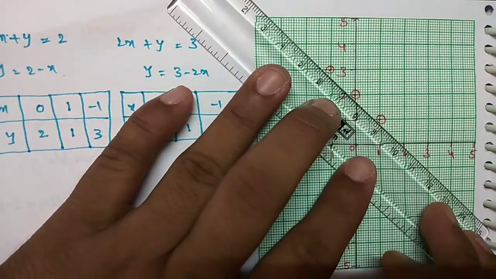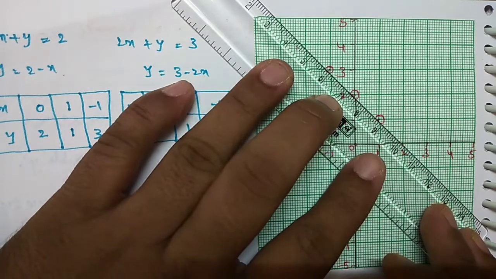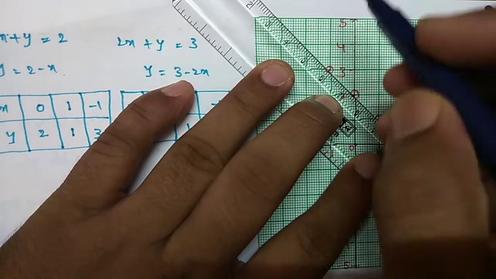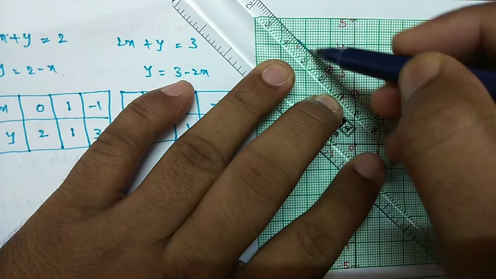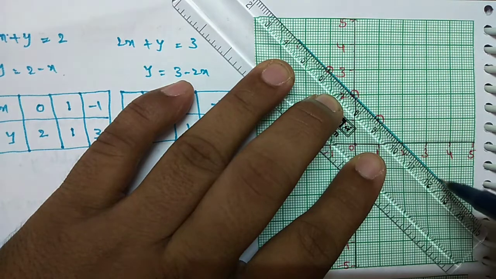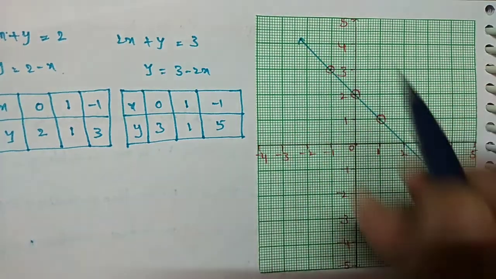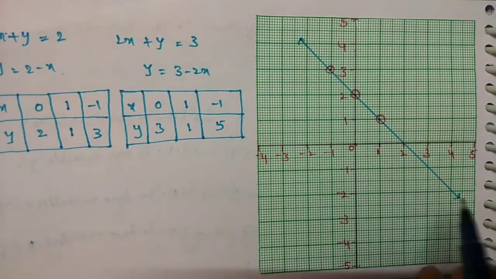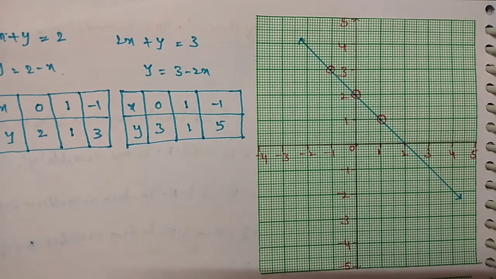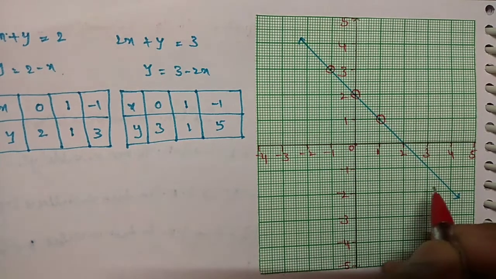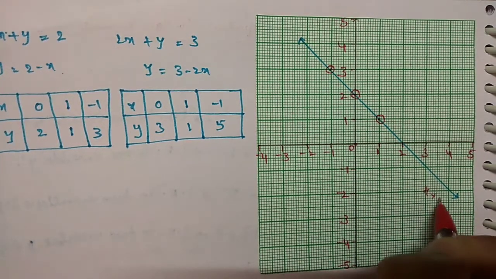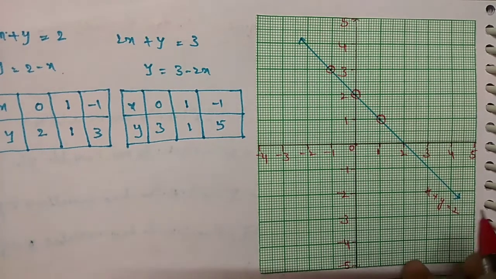Join these points using the scale. So this is the graph of the first equation. We should write the equation of this line: x plus y equal to 2.